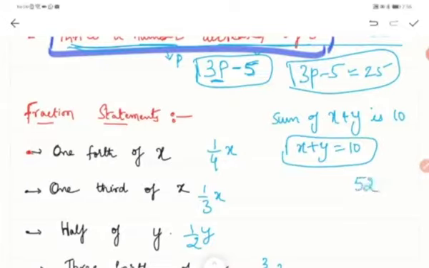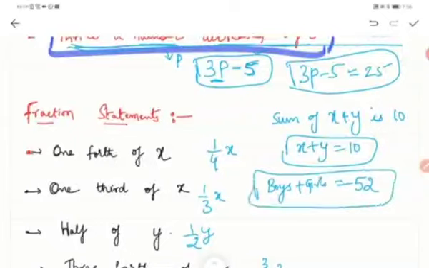So boys plus girls is equal to 52. You can take the number of boys as variable x and the number of girls as y, that is x plus y is equal to 52.